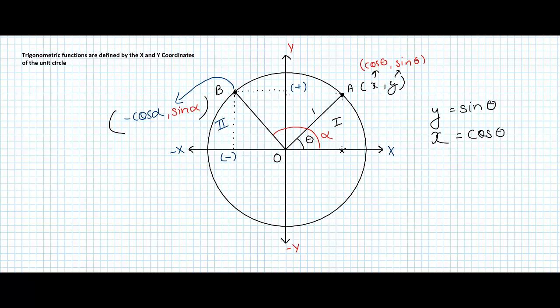The y coordinate falls on the positive y-axis, so it is positive, which results in the coordinates being minus cos alpha and positive sine alpha, which is also why we say that sine is positive in the second quadrant and cos is negative in the second quadrant.